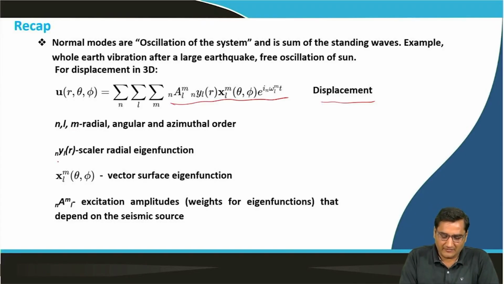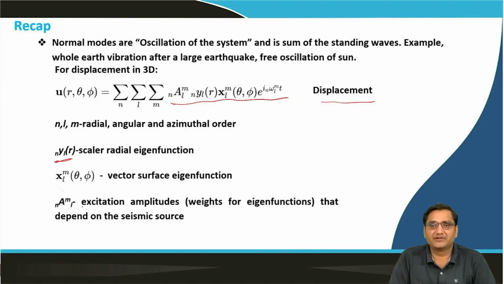Similarly, this y expression here is the scalar radial eigenfunction, and X_lm is the vector surface eigenfunction. All these things are weighted by this amplitude, which is the excitation amplitude, and that can be found using the position of the source. So basically it depends upon the fault geometry where the earthquake is occurring.